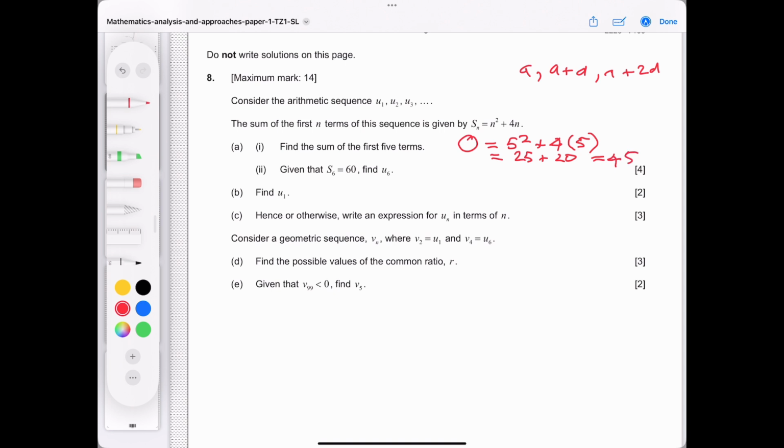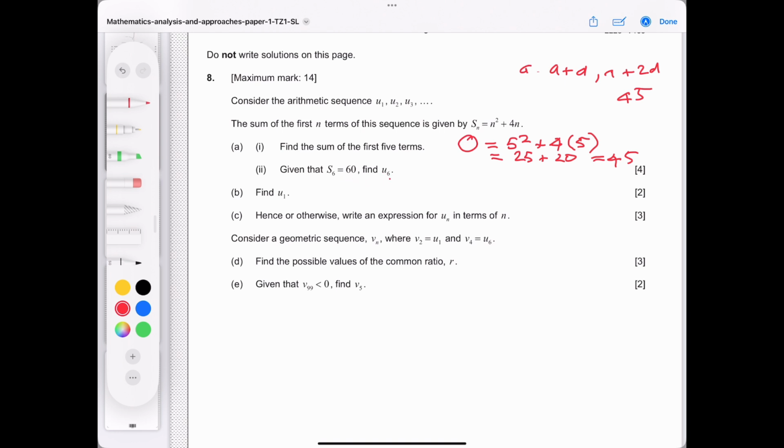So far we don't know A, but we do know that A plus A plus 4D, we know the sum equals 45. So we'll ignore that for a second and just stick with this. So 45.